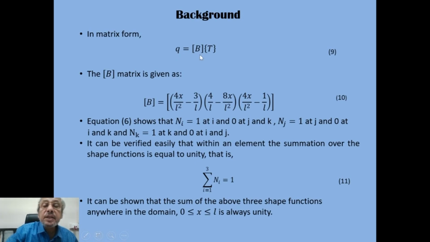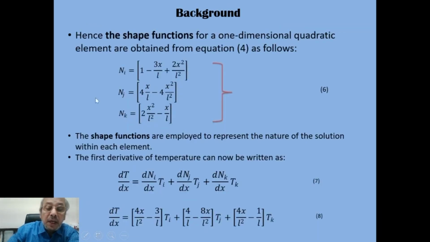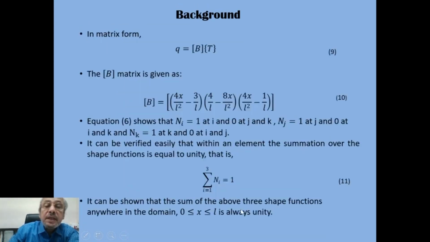We'll explain these plots a little later, but let us look at what I was saying, that dT/dx can be expressed as multiplication of a row matrix and column matrix. This column matrix is understood, Ti, Tj, Tk, and the B matrix has one row comprising three elements.